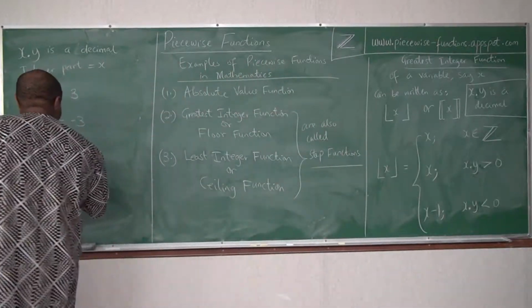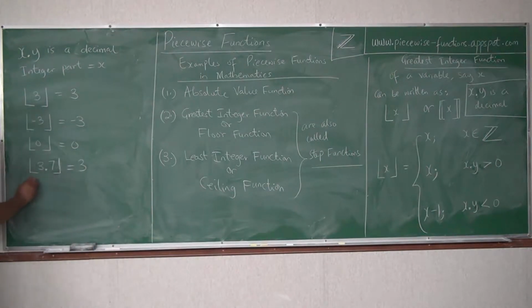So this is 3. And it doesn't matter if you have 3.1, because some people might say otherwise. If you have 3.1, it still doesn't matter. You ask yourself, what is the greatest integer that is less than 3.1?